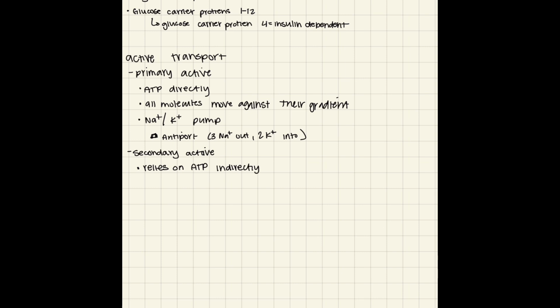Usually it's going to rely on the sodium gradient, the fact that sodium wants to go back into the cell because it has a higher concentration out of the cell due to the sodium potassium pump. Secondary active transport happens when one molecule is moving with the gradient and one molecule is moving against it.